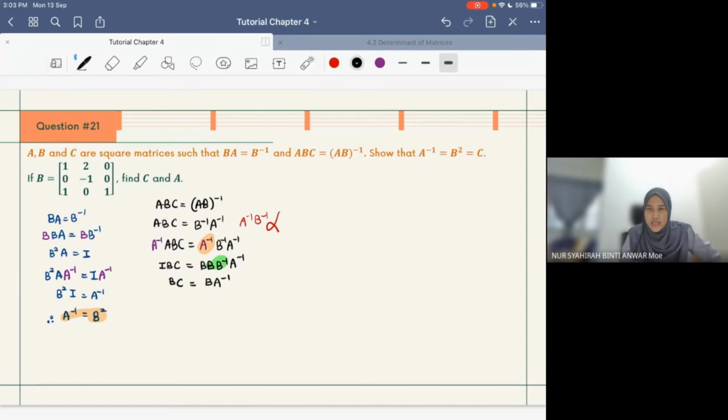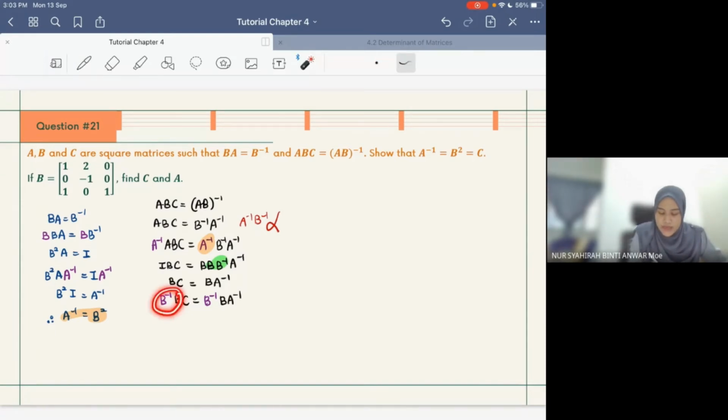Now kita nak dapatkan C sebagai subjek kan. So C as our subject. So now we multiply by B inverse again. So B inverse times by BC equals to B inverse times by B A inverse. So B inverse B akan dapat I. So tinggallah C sahaja equals to B inverse B pun dapat I. So dapatlah A inverse sahaja.